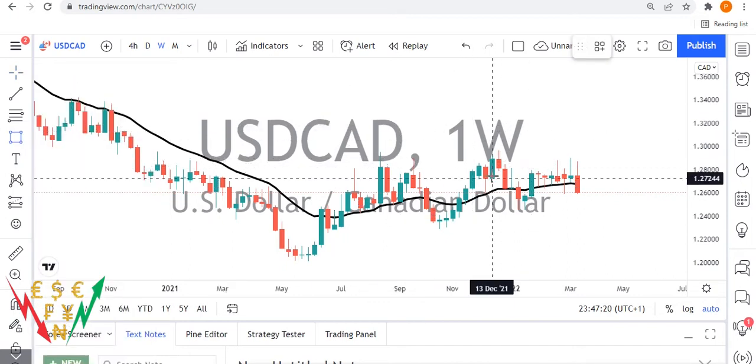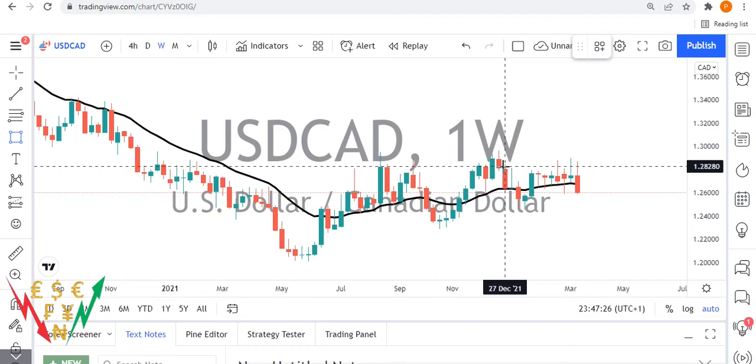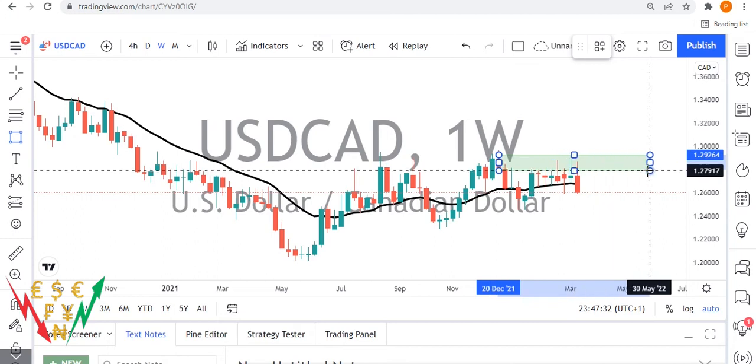After this impulsive bullish candle to the upside, we got this bearish wick, a shooting star candle. From here, we can highlight this area as a supply zone.